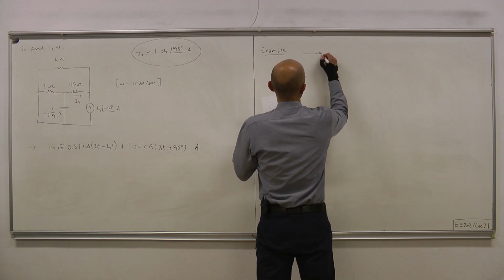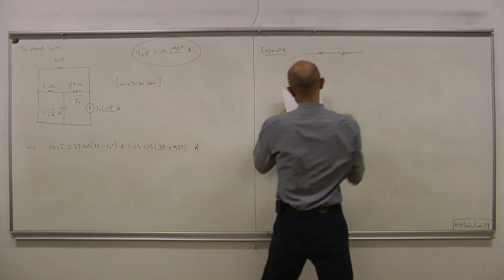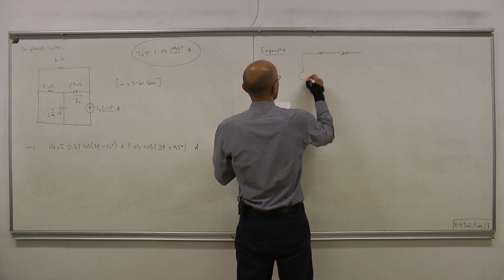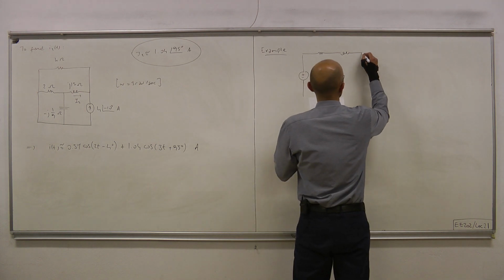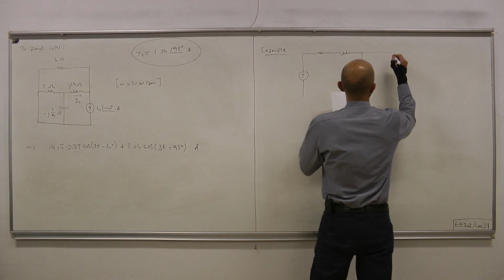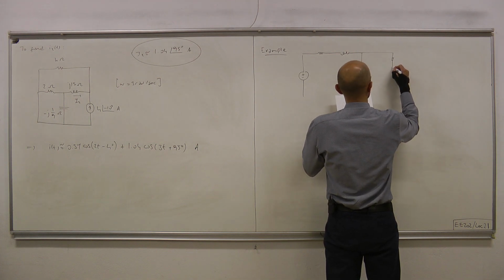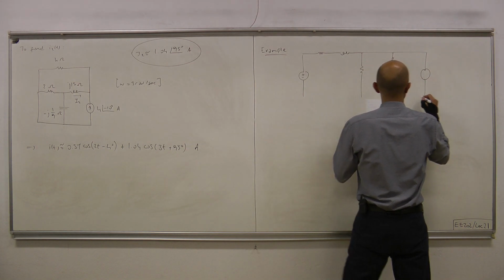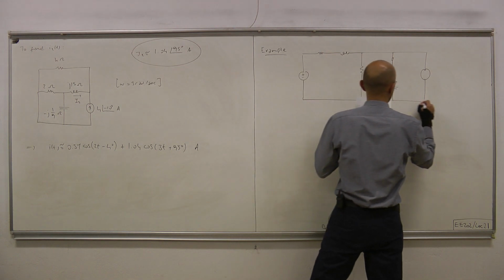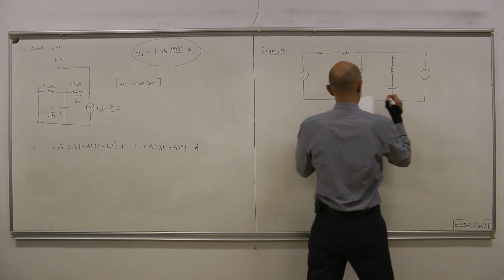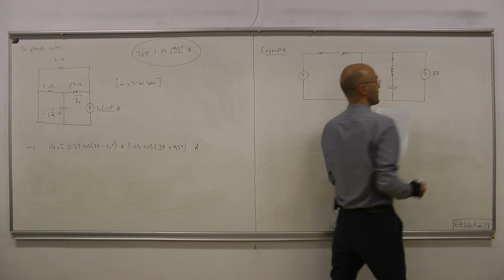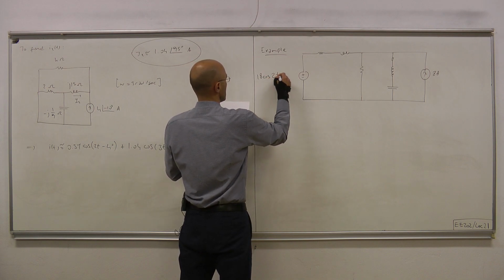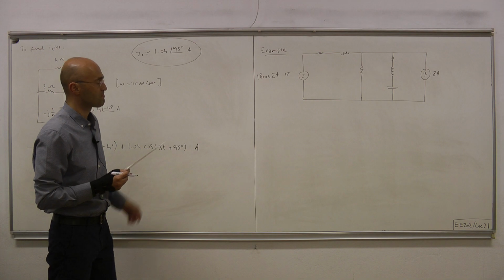Okay, this time we have also a DC source along with a sinusoidal one. Amps, and here we have 18 cosine 2t volts.